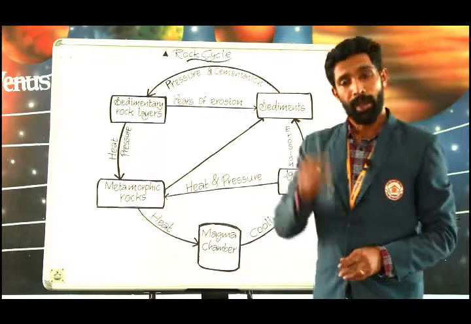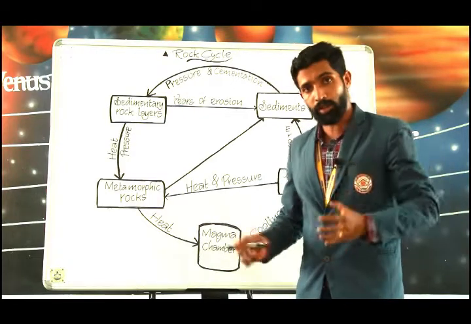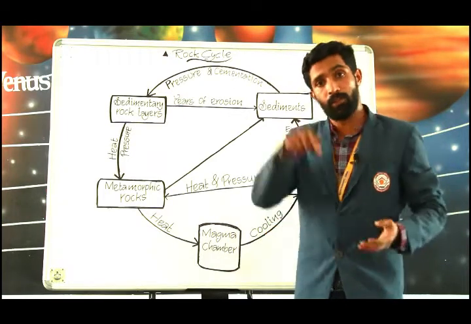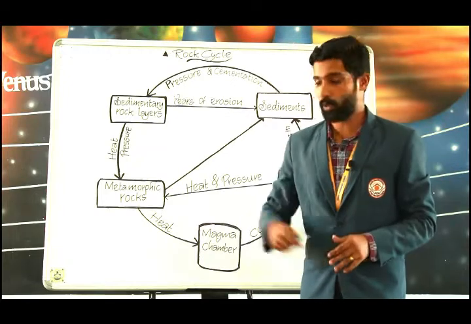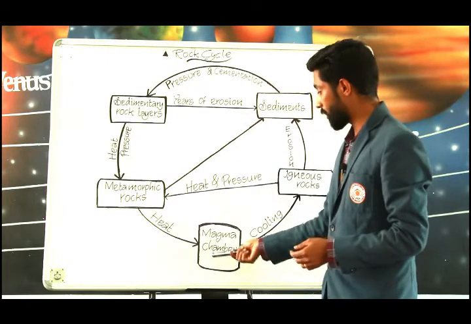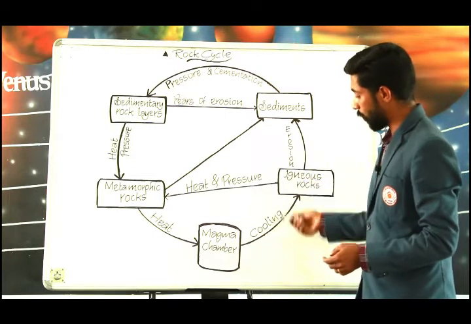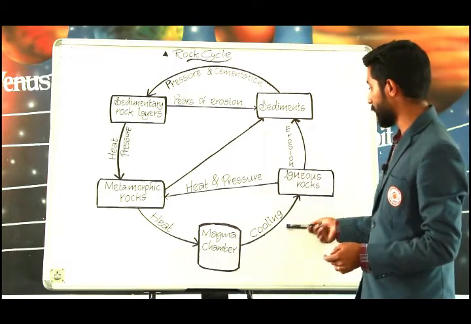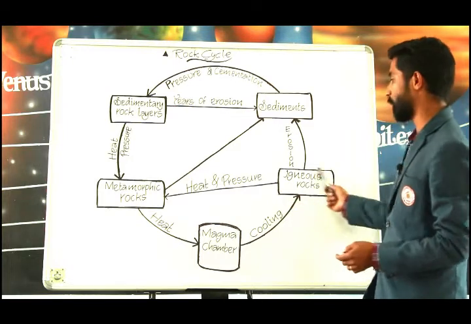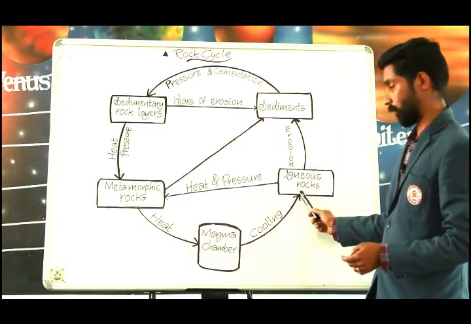Let's see. Magma rising from below the earth's surface solidifies to form igneous rocks. That is what we learned. From the magma chamber, it will come out, cooling down and solidification happens, and it will result in the formation of igneous rocks.